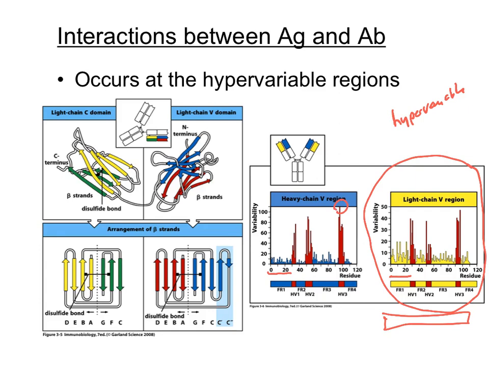Don't worry about the numbers, how many are different. Worry about the fact that in each of these heavy variable chain and light variable chains, you have 3 regions that have lots of variability, because those are the spots that are going to be binding to antigens. All right, so the bottom right is just saying, look, there's places where we have lots of variability, and that's going to create specificity for antigen.